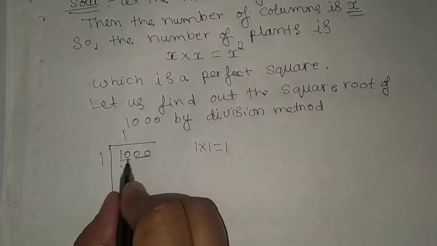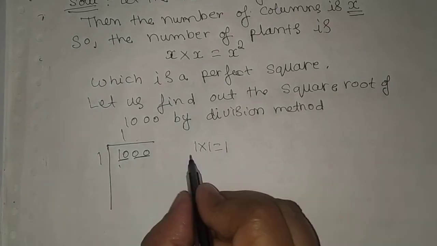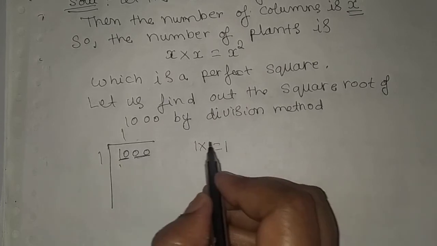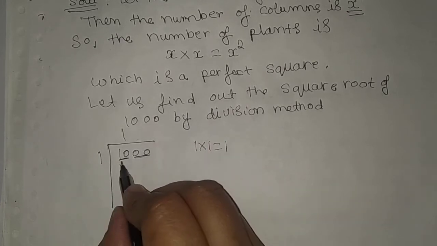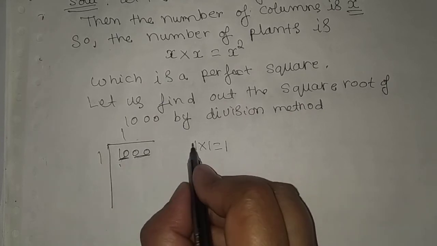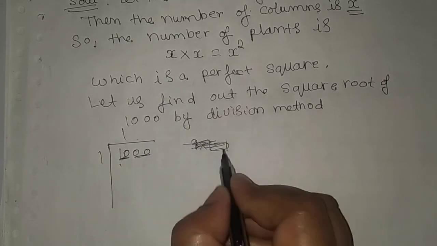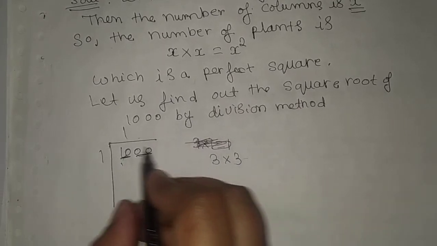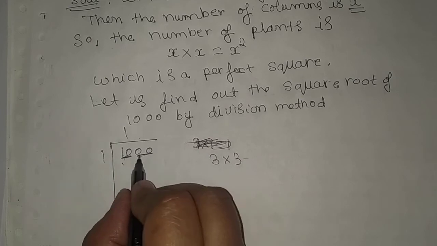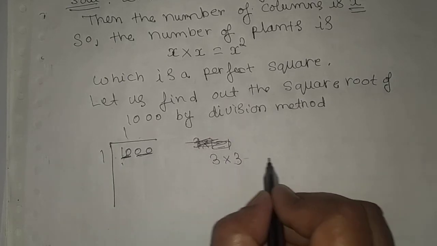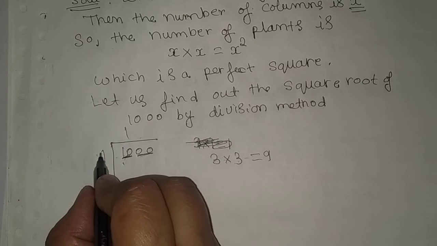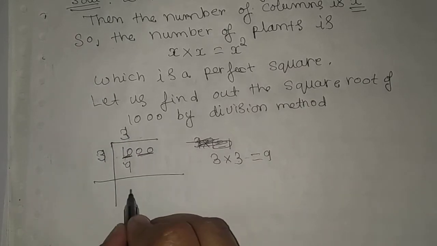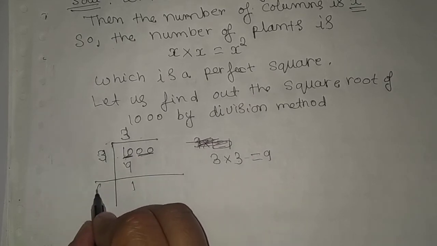First group the numbers, I made a mistake here. So group the numbers, pair the numbers after this. So next step is to find the nearest square root of the number, that will be 3 into 3, because this was a pair, so I considered the single digit, but here since it is a pair, two numbers, 3 into 3 will be 9. So here also you have to write 3 3 9 here. So remainder 1, add these two, we get 6.